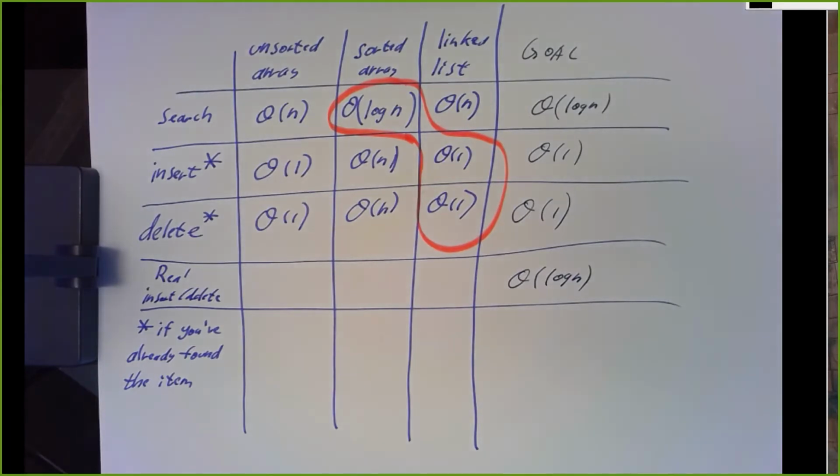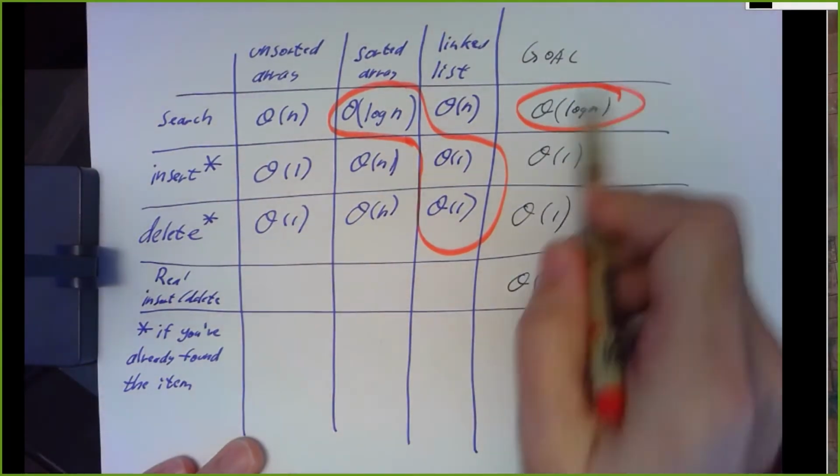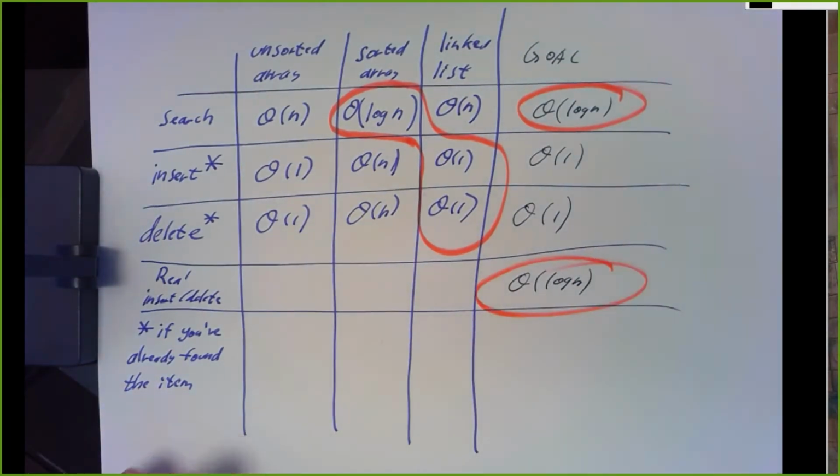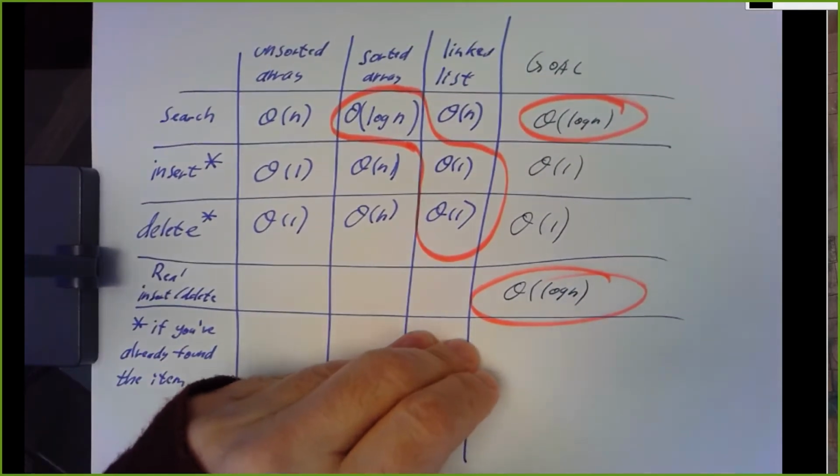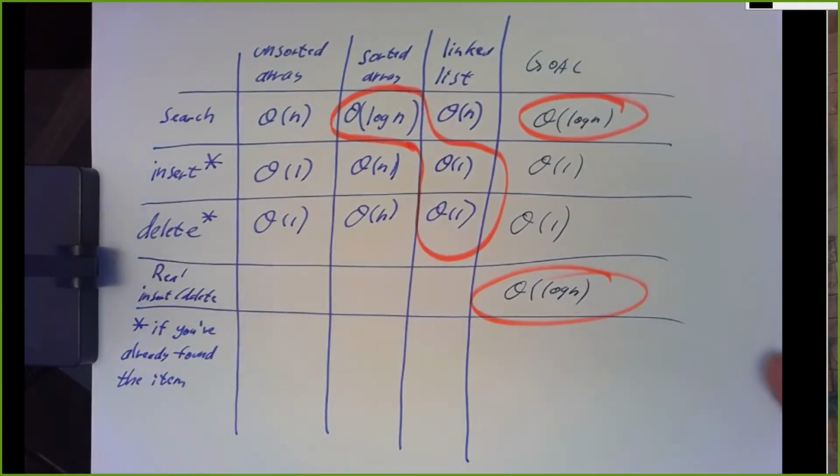And so this is what we're heading towards: a data structure that lets us do all the basic operations in log n.